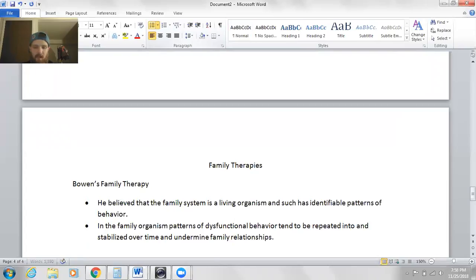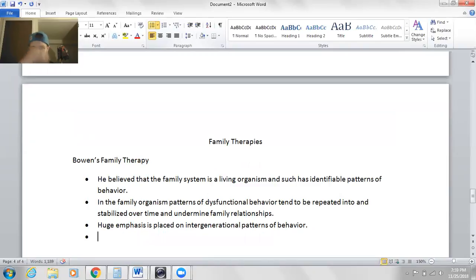So a huge emphasis is placed on intergenerational patterns of behavior. How is what is going on in the family now going to impact future generations, and how are the behaviors from the past influencing current patterns of behavior?